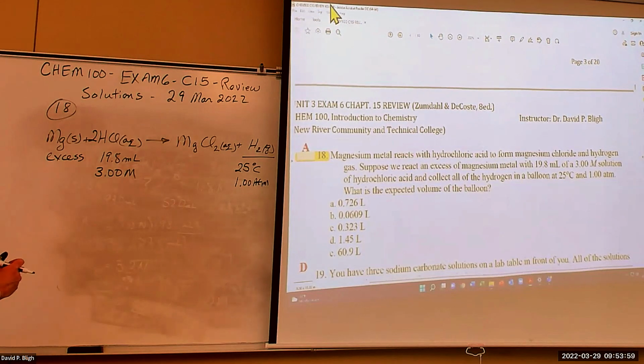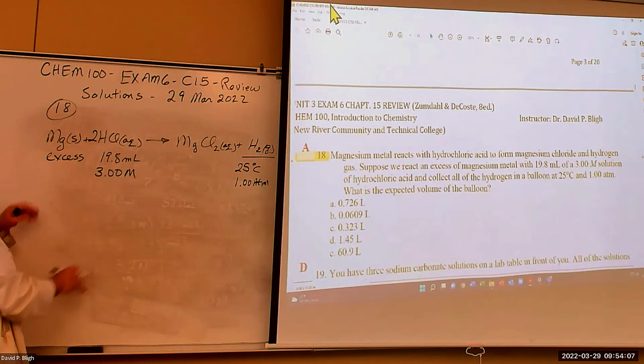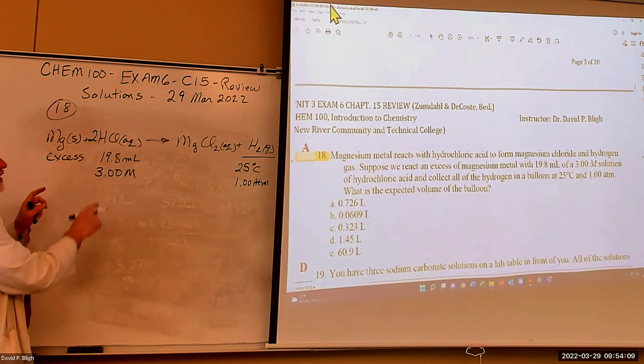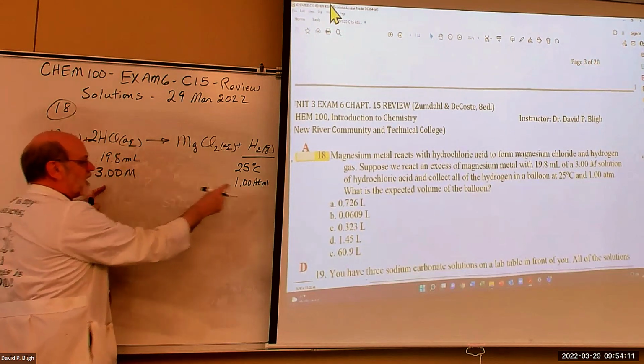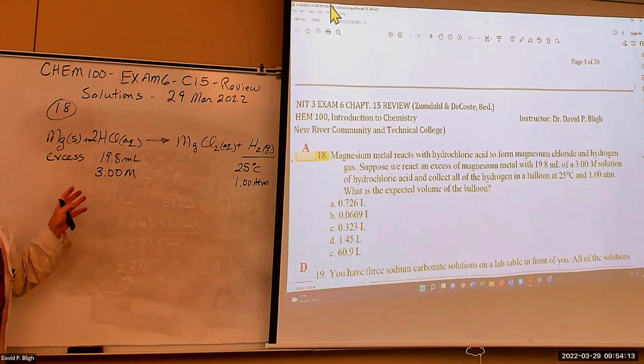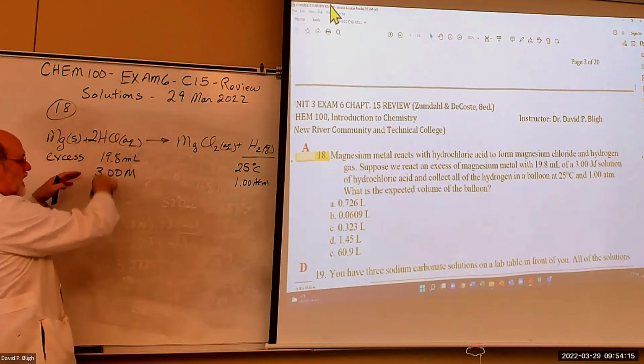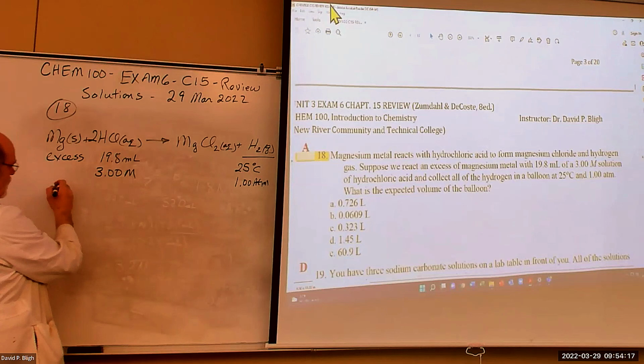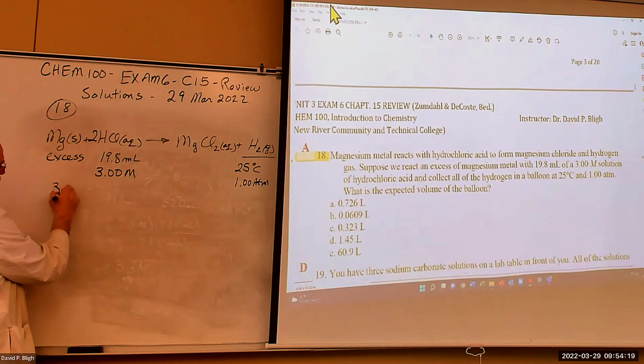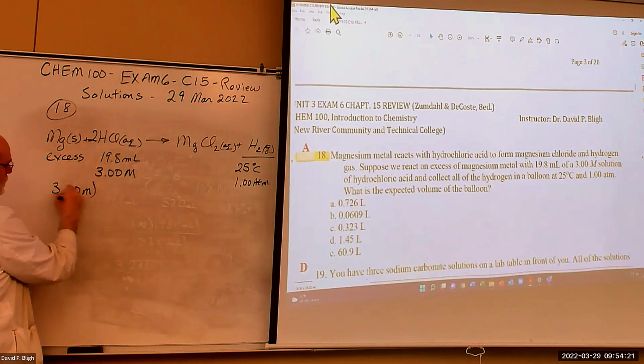We could calculate the number of moles. Why don't we do that just as an exercise? It won't be one of these answers, but it will be an answer. So remember, when you go from this place to that place, you have to be in moles. So how many moles do you have here? Well, you have 3 molar.